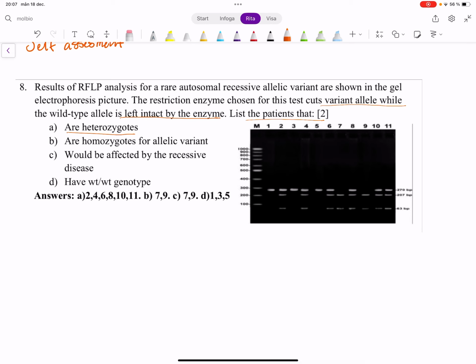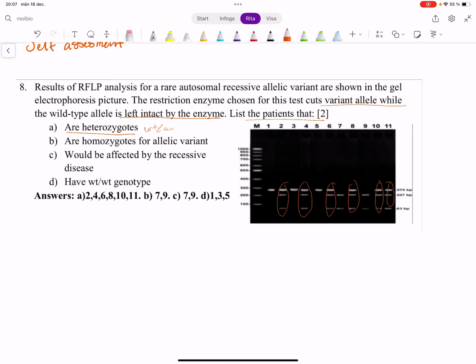Patients that are heterozygotes would mean that they have both wild type and allelic variant. So this means this one, and this one, and this one. Yep.